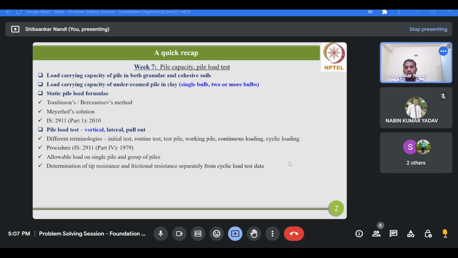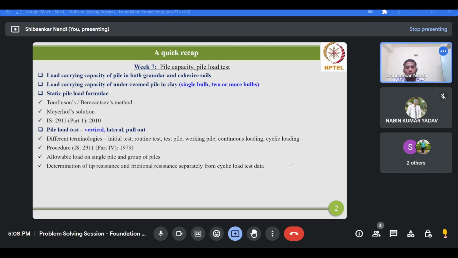It's constructed only for testing purposes. Whereas the working pile is a pile which comes under the substructure of a given superstructure, and obviously it will carry some load coming from the superstructure. The test which is performed on this kind of working pile is known as the routine test.